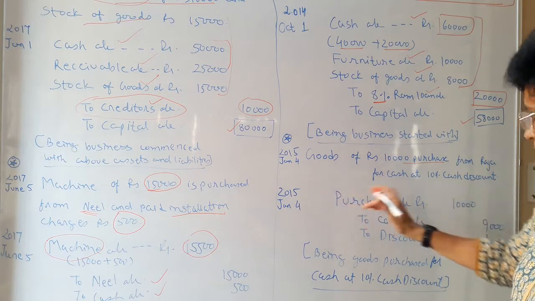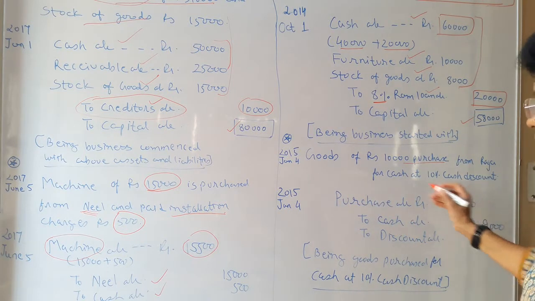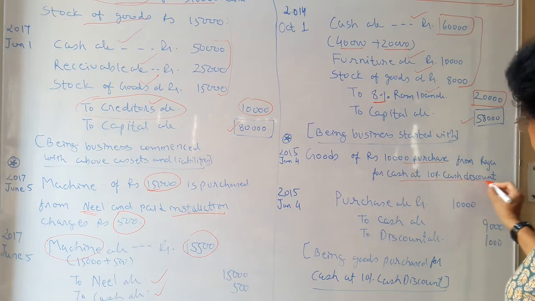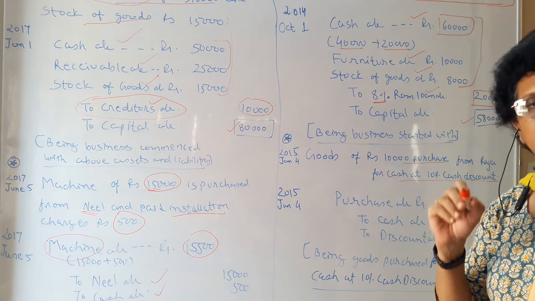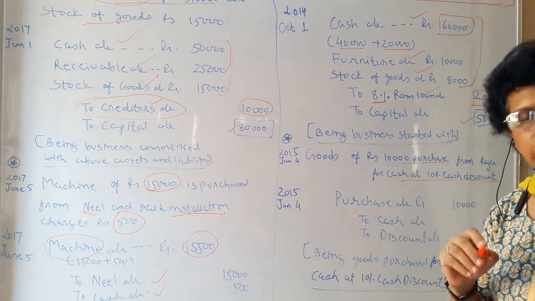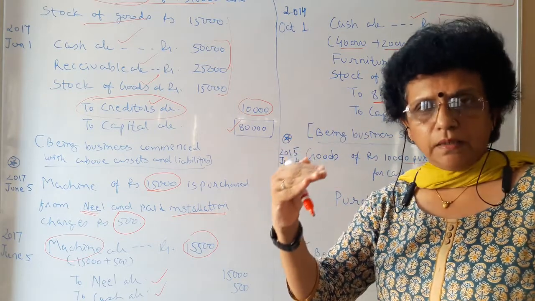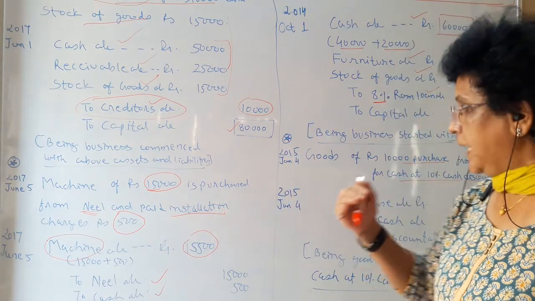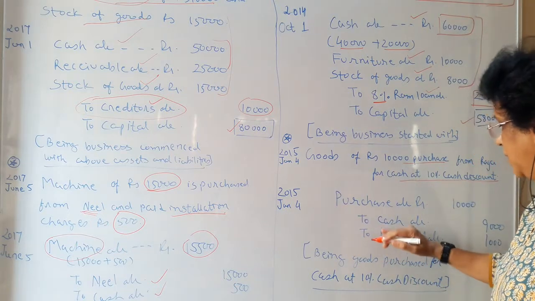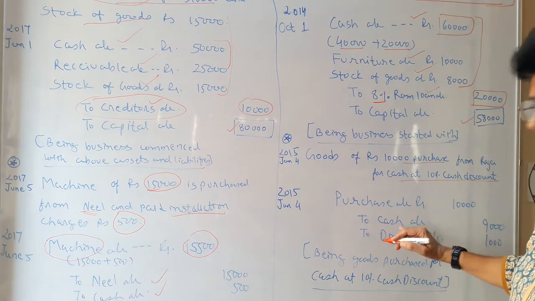So you have purchased the goods worth 10,000. Now cash discount is to be recorded in the books of account. So you have to calculate the cash discount, and then only the remaining portion of cash is to be paid.